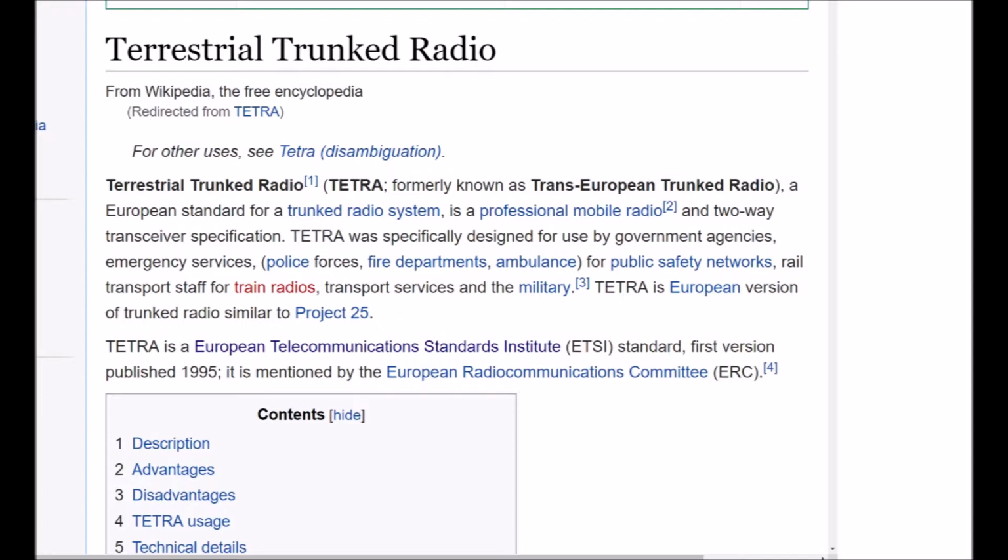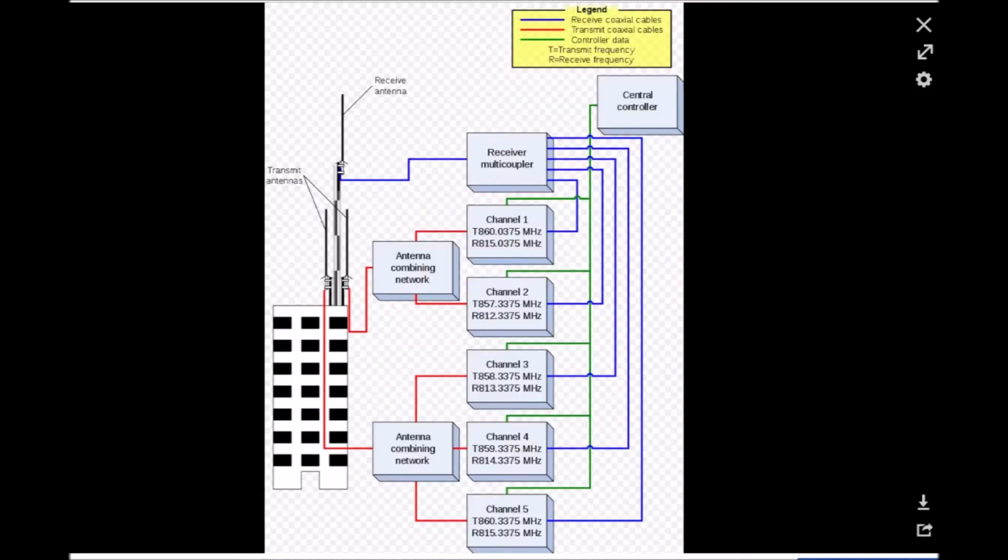TETRA is a European standard for a trunked radio system, a professional mobile radio and two-way transceiver specification. TETRA was specifically designed for use by government agencies, emergency services, police services, fire department, ambulance, for public safety networks, rail transport staff, for train radios, transport services, and the military.